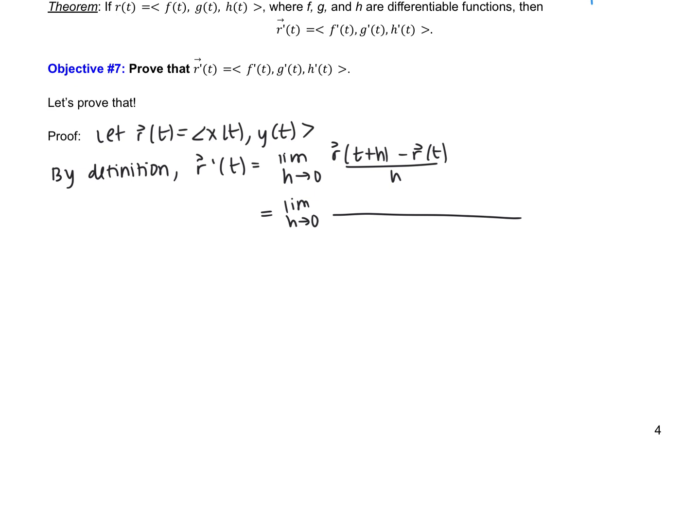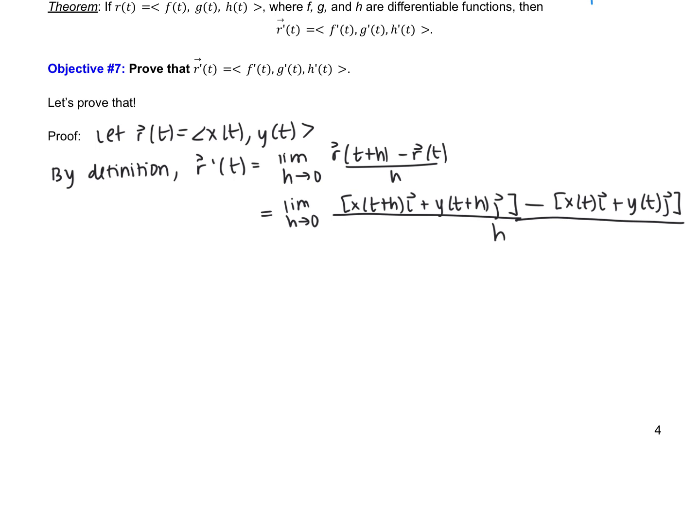Okay, so r of t plus h is x of t plus h i, add y of t plus h j, subtracting r of t, so that's going to be x of t i, add y of t j, over h. So that's the definition. Now is a good time to pause and make sure we're going to get to where we need to get to. Where we need to get to is that to find the derivative, we can just take the individual derivatives of the functions. So I'm going to need to separate this.